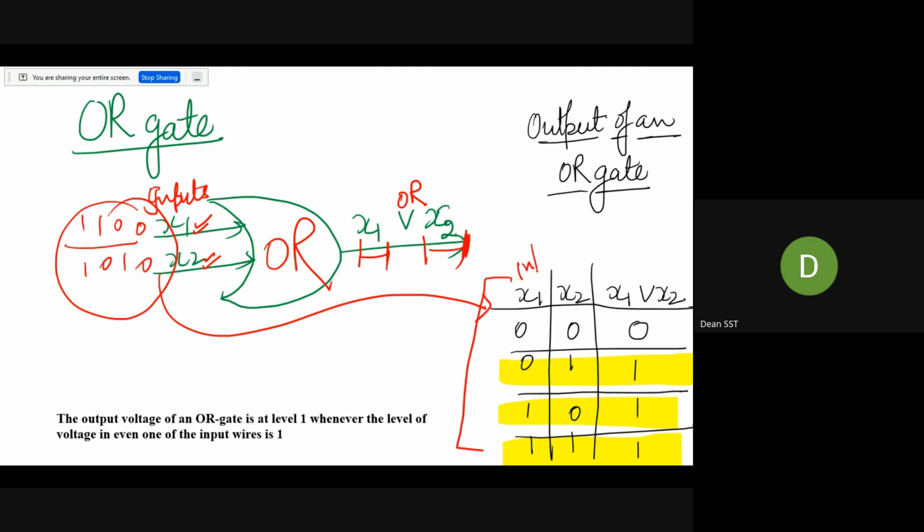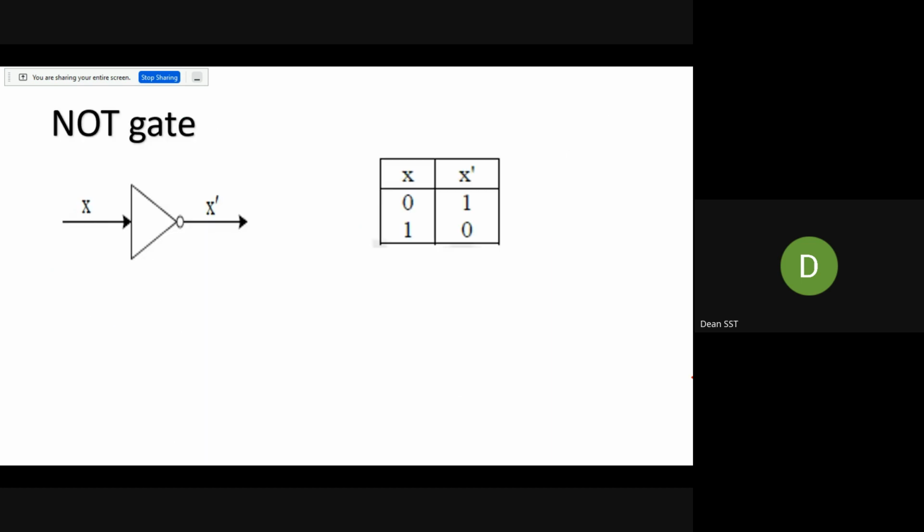This is input 1, this is input 2, and X1 OR X2 is the output. When both are 0, output is 0. For 0, 1, output is 1. For 1, 0, output is 1. For 1, 1, output is 1. It means when any one of the inputs is 1, we get output as 1. This is the OR gate.